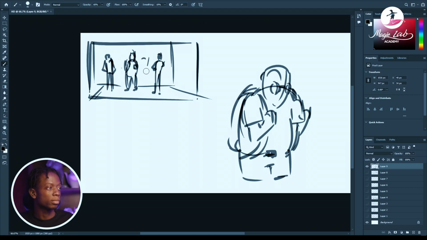One behind him. Seeing this alone, with him in the center, you know this is definitely not just a regular conversation going on amongst kids. This is more like an interrogation.